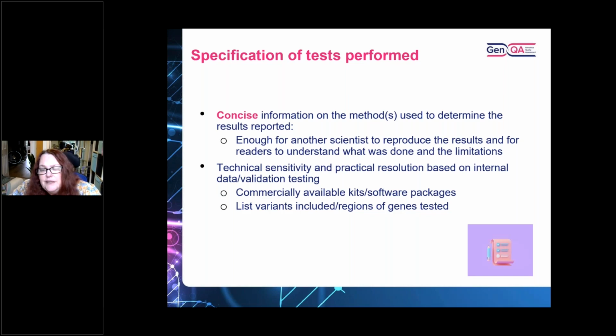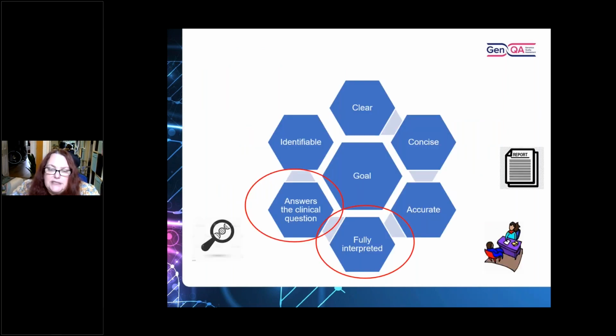So you can include technical sensitivity or practical resolutions, which will be based on internal data and validation testing. And then you would potentially list any kits you use, if they're commercial kits, software packages, and you might include, with the caveat we were talking about at the beginning about having too long lists, details of the regions of genes tested.